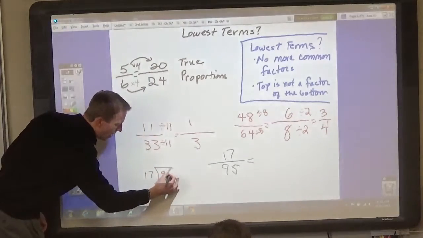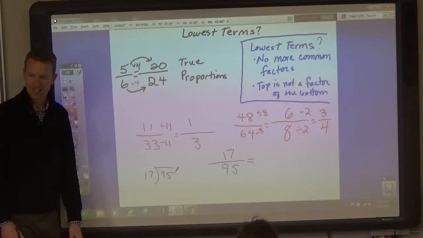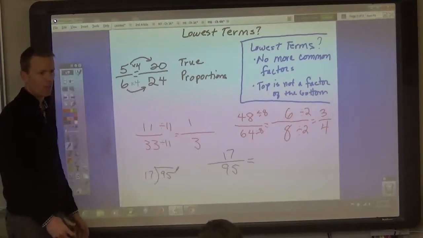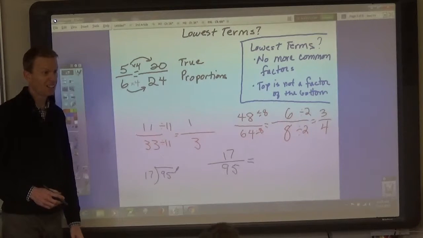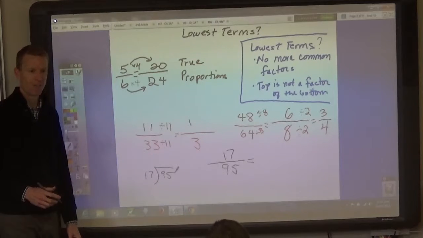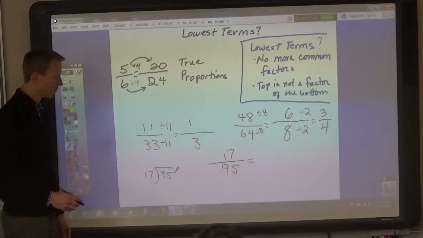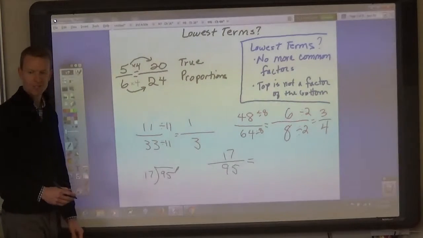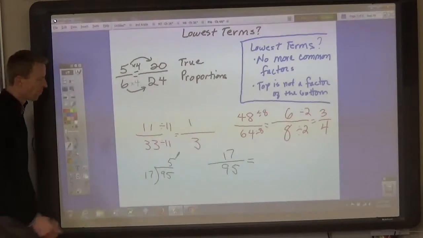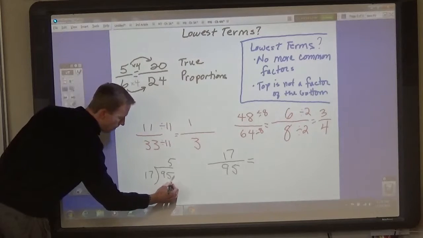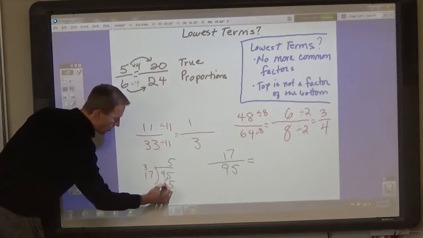17 into 95. What's the only thing it could go, maybe 9 times? No. 5 times? No. 7 times? What do you think? Let's try 5. What's 5 times 17? 5 times 7 is 35. 5 times 1 is 5, plus 3 is 85.